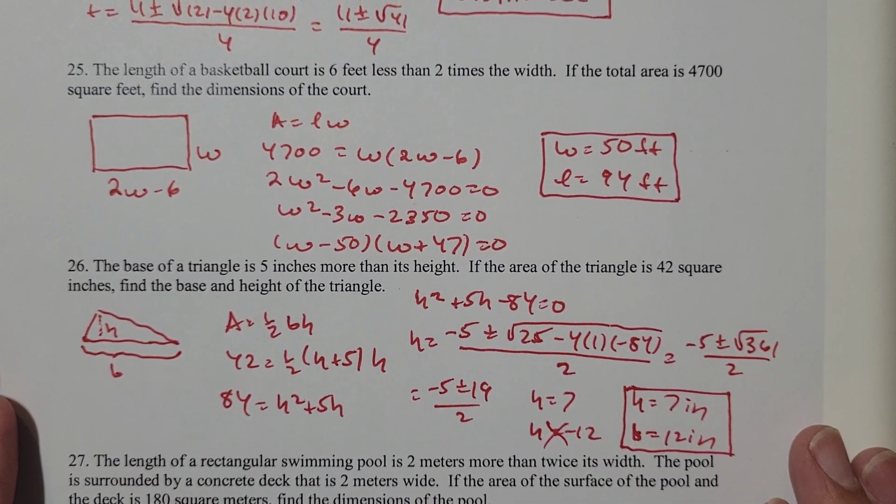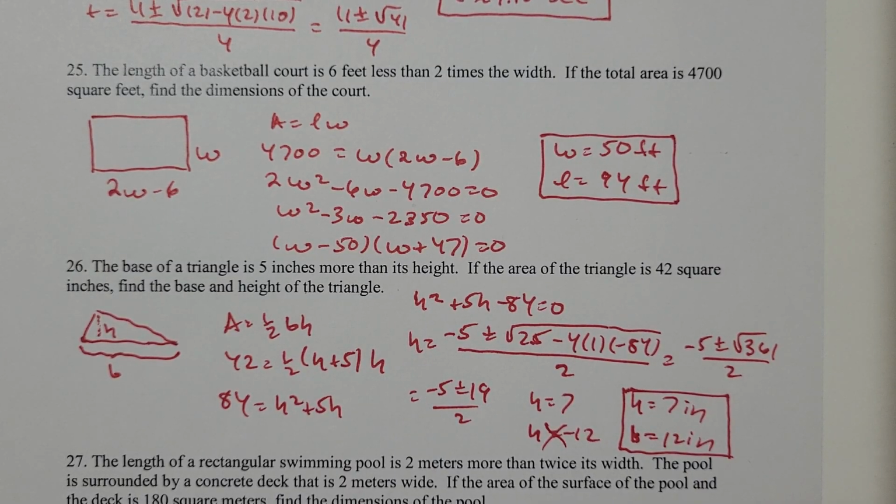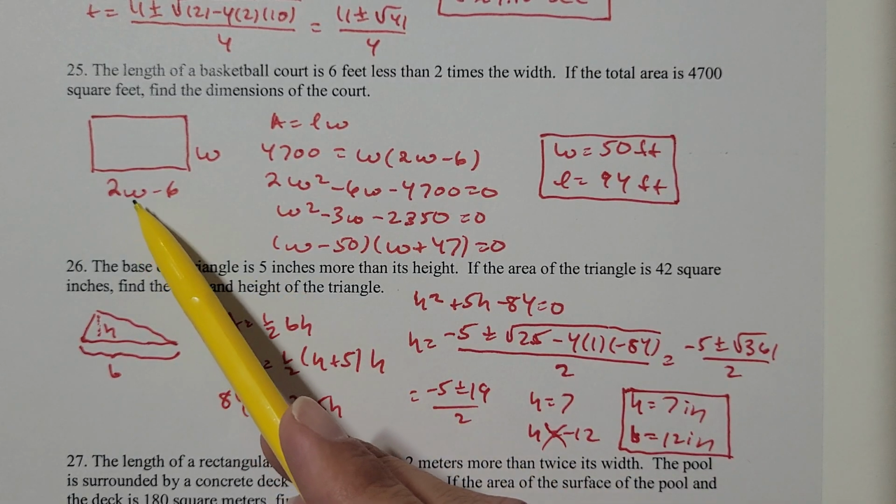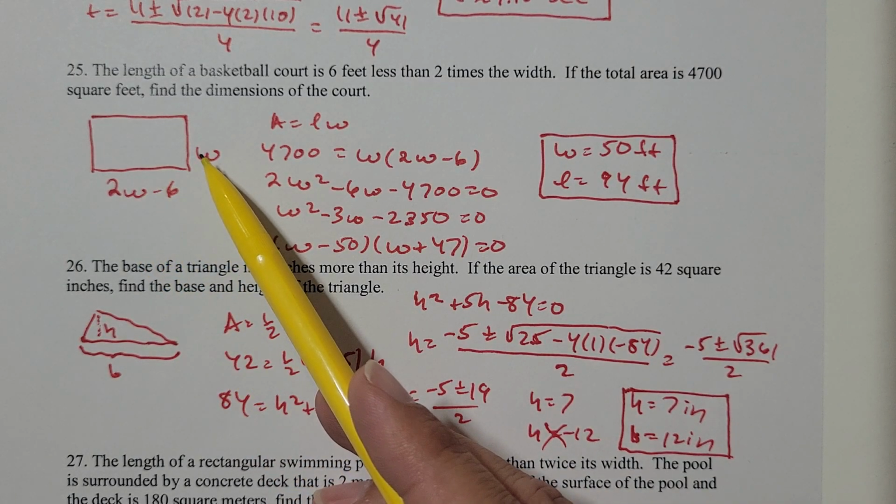Let's try problem 25. It says the length of a basketball court is 6 feet less than 2 times the width. If the total area is 4,700 square feet, find the dimensions of the court. Okay, so we got this basketball court. Here's the length, and here's the width.